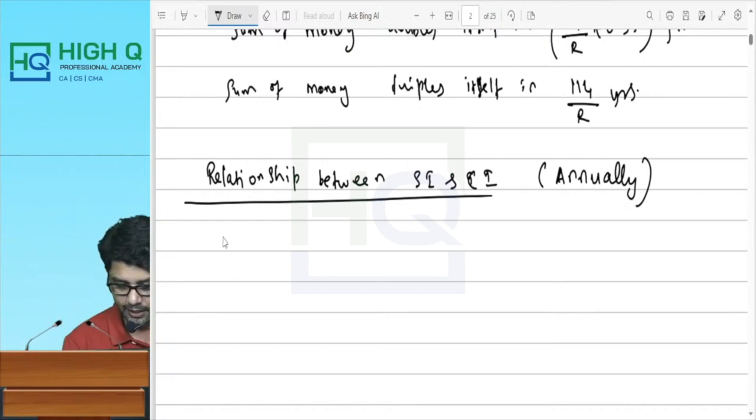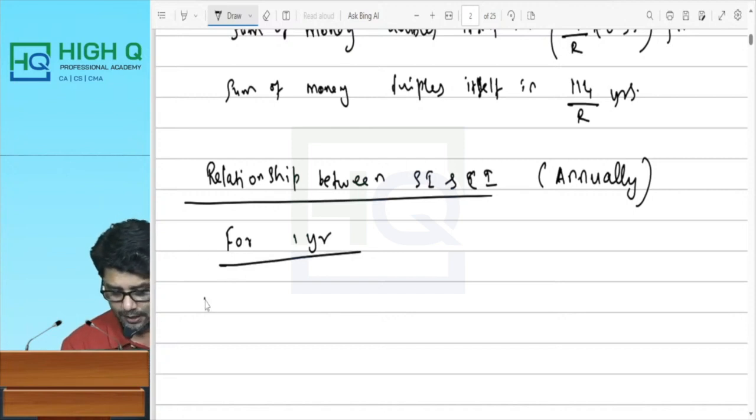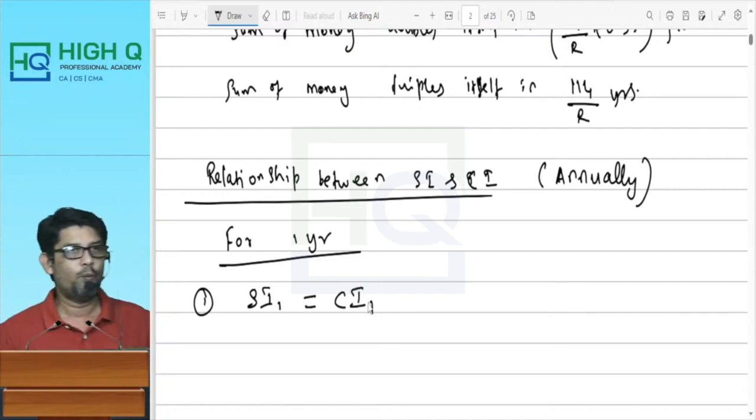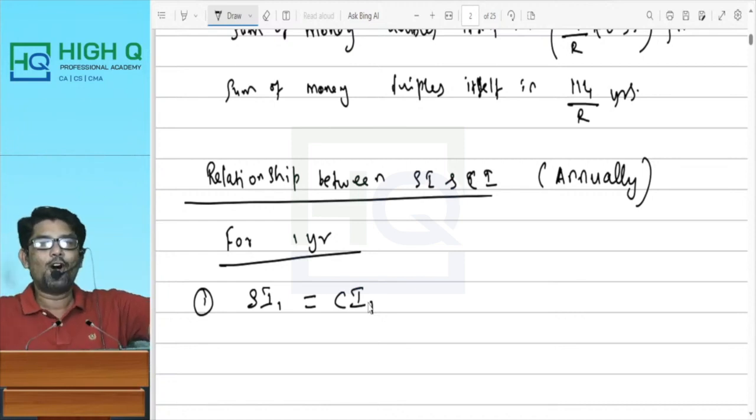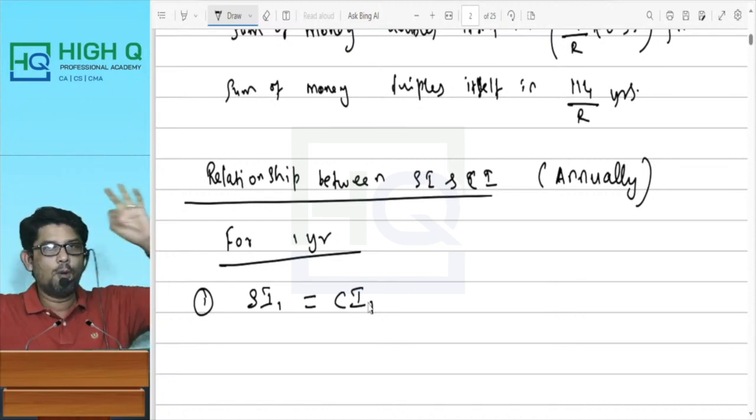Now look at this, my dear. For 1 year, simple interest is equal to compound interest. When you calculate it for 1 year, whether you calculate simple interest or compound interest, both are one and the same only, when the interest is calculated annually.